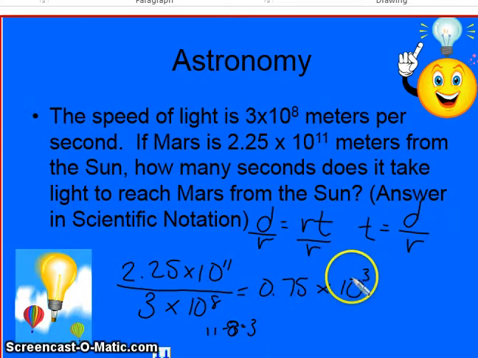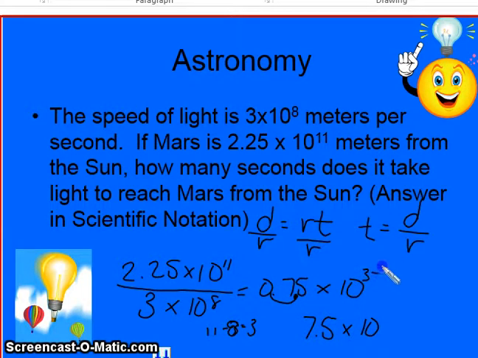Now, remember again, it's not in scientific notation because this first number is not between 1 and 10. In order to make it between 1 and 10, I need to put my decimal point right here between 7 and 5, because 7.5 is between 1 and 10. Now, in order to get my decimal point back to the place where it was originally, I need to move it 1 place to the left.